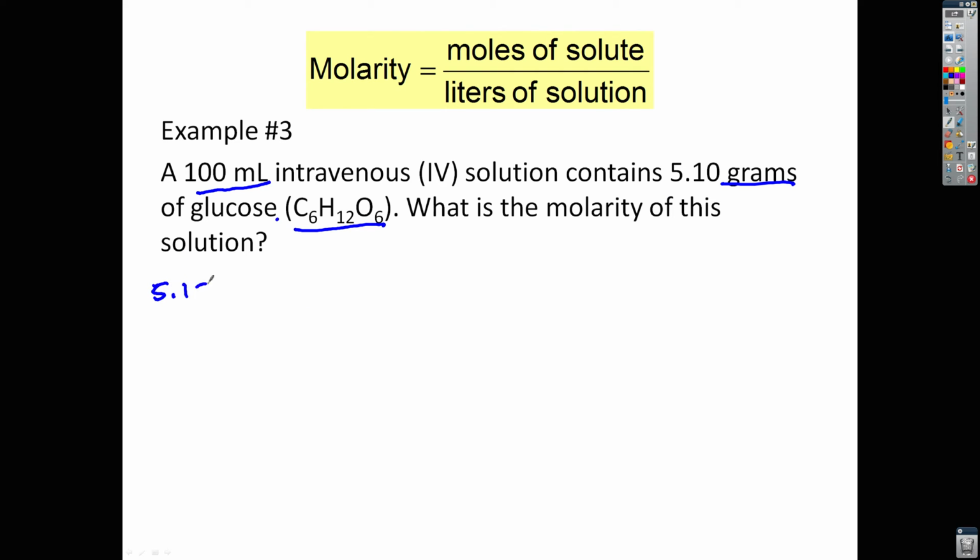So 5.10 grams of glucose, C6H12O6. Again, I have to divide by its molar mass. So 1 mole over the molar mass, and I calculate the molar mass of glucose to be 180.18 grams.